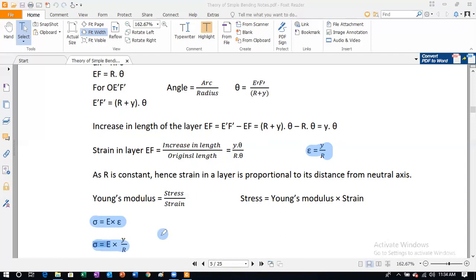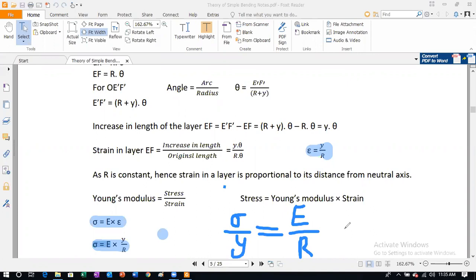From here, we can easily write that sigma upon y is equal to E upon r. This is the first phase of deriving the theory of simple bending. We are halfway already.